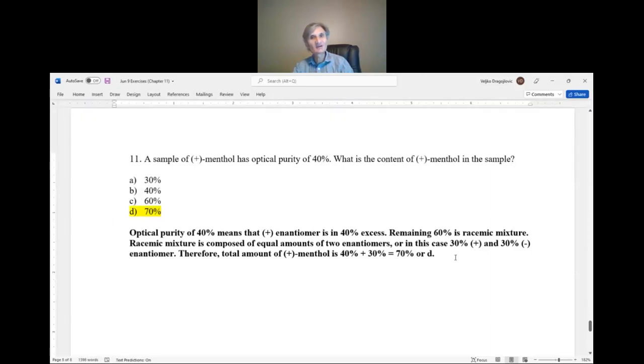Read the question carefully. If you get a question like this on the test, read very carefully what you are being asked. Is it the same enantiomer that is in excess? Because if plus menthol has an optical purity of 40%, that means it's 40% in excess above the racemic mixture. Is it the same enantiomer or is it the other enantiomer? Because obviously I could have asked what was the content of minus menthol, so the minor component.